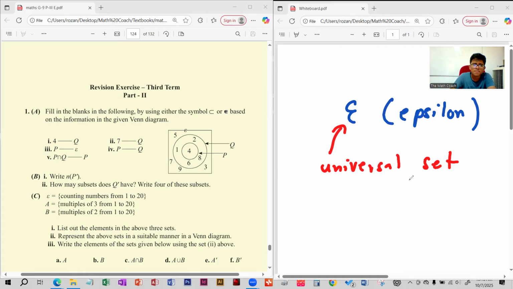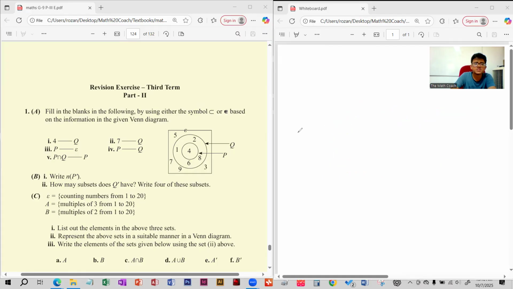Right. Now, using either the subset symbol or epsilon, based on the information in the Venn diagram, let's see. The first one says 4 and Q. So 4 is inside the enclosed Q, right? Let me zoom in here.